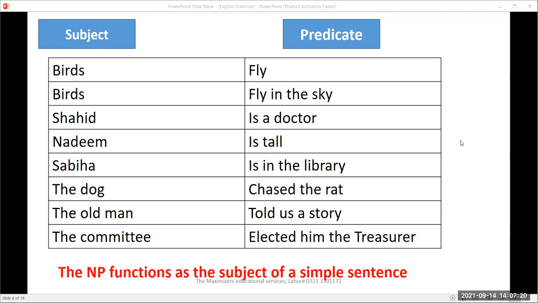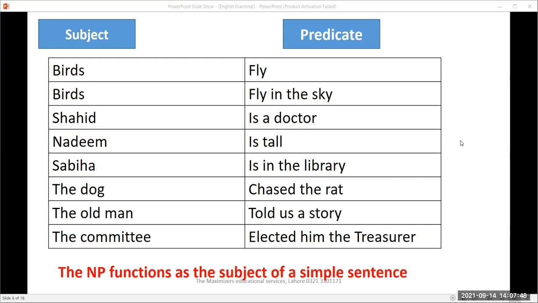The dog chased the rat. Now here we see that the article the has been added to the noun dog, the dog. So a subject can be one word, two words, or three words. And when the subject or noun has more than one element, it is called a noun phrase.